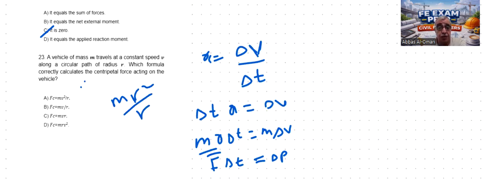You should remember this formula. This equals the centripetal force, which goes towards the center, and also the centrifugal force, which goes outward from the center. So the magnitude of this force is m v squared over r. So the correct answer is A. You should remember this formula. Next question.